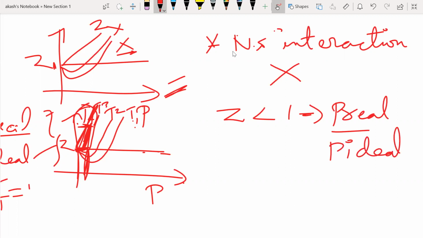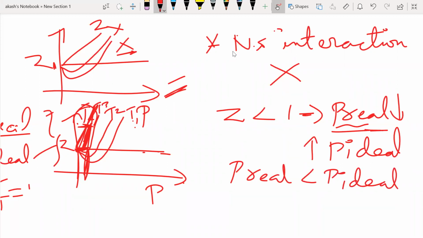If I see that this value is lesser than 1, that means the P real is lesser than P ideal. That's what it means.